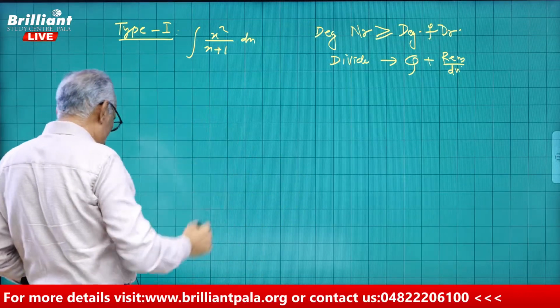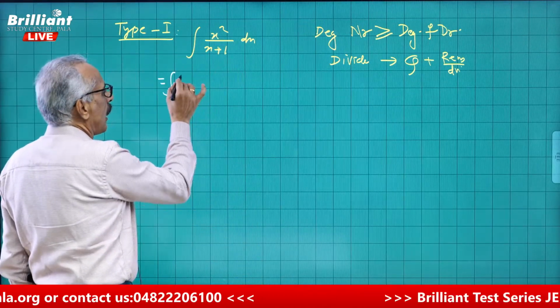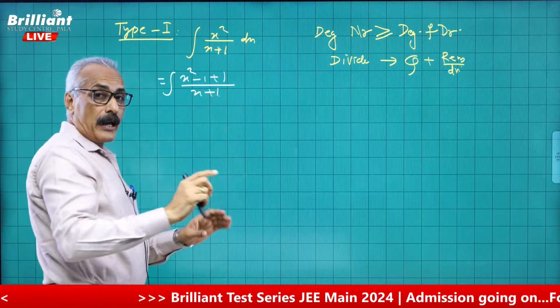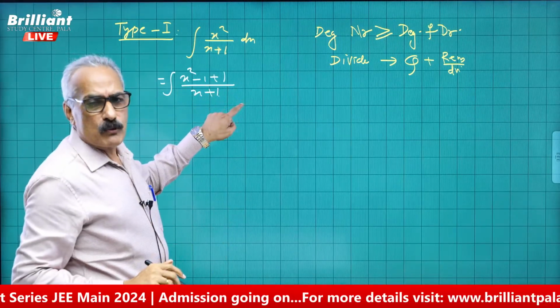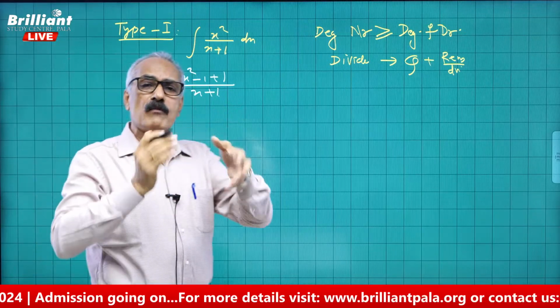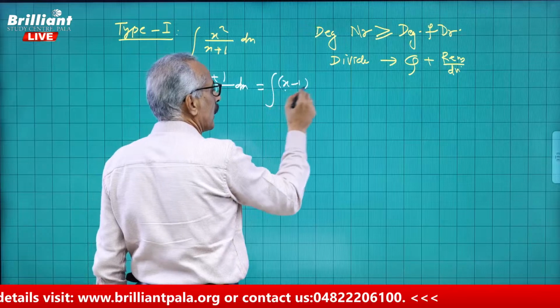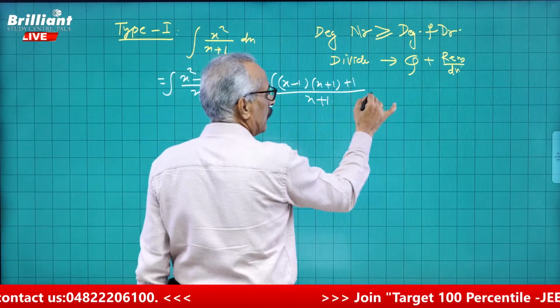Say, simple manipulation. So this is equal to integral, I take x square minus 1 plus 1 divided by x plus 1. Absolutely this is division. Seeing x square minus 1, what are the factors? This will become x minus 1 into x plus 1 whole divided by x plus 1 dx.